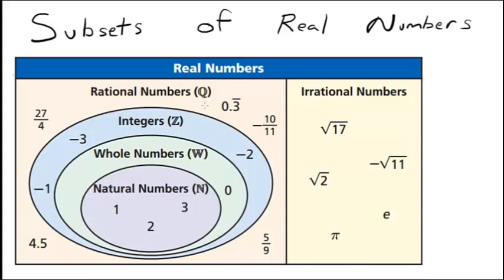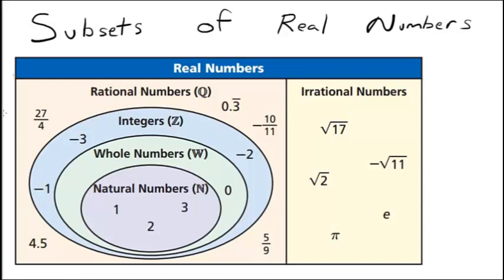And so any decimal that is repeating, or any fraction that we can show, we would say, oh, that's inside of rational numbers. Well, that would also include numbers like -3, because that's -3/1. Or natural numbers like 2, because that's 2/1. So all of those would go inside the rational numbers.